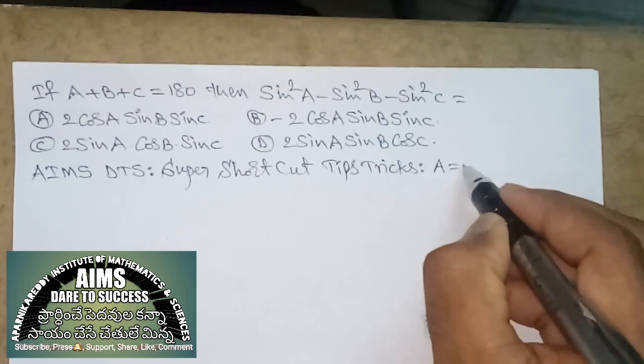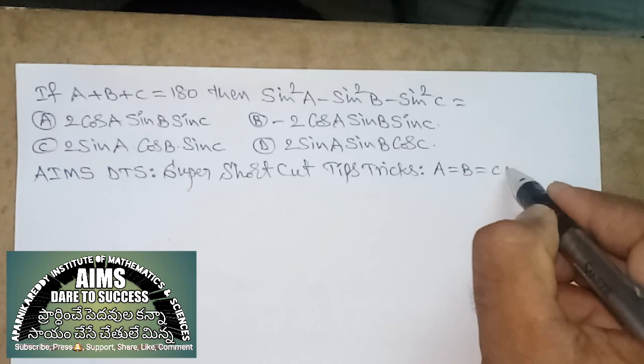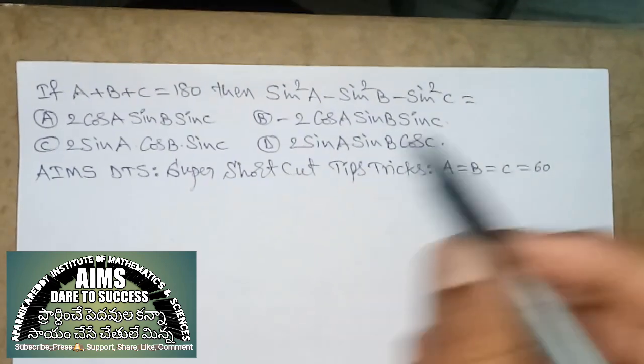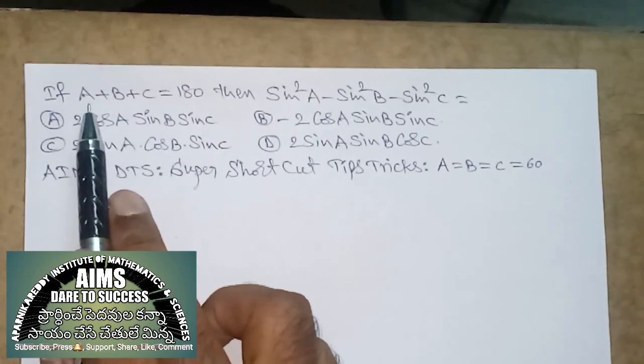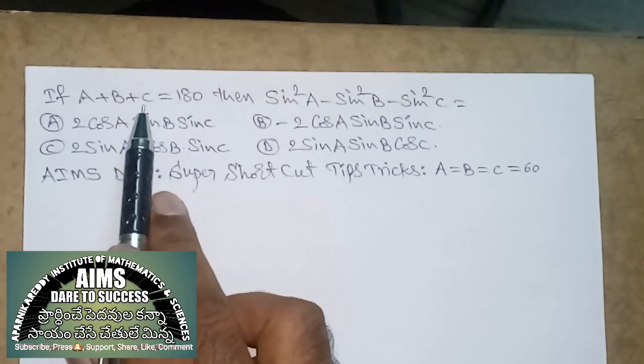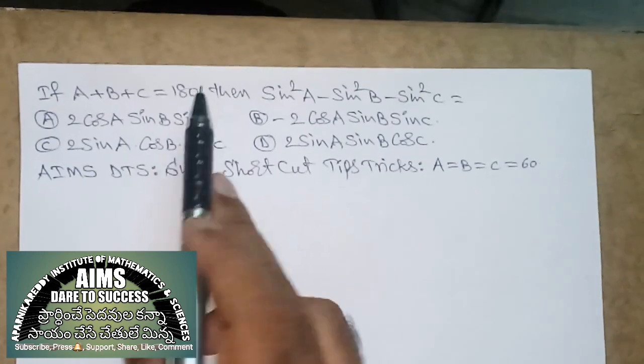Substitute A equal to B equal to C equal to 60 degrees in the given question, verifying: 60 plus 60 is 120, 120 plus 60 is 180. So verified.